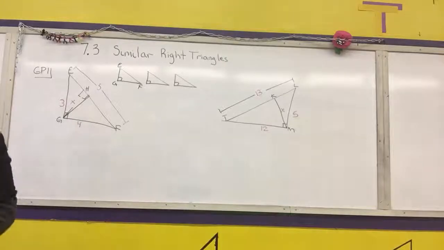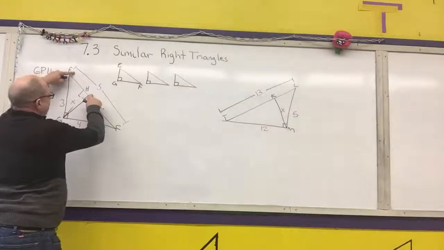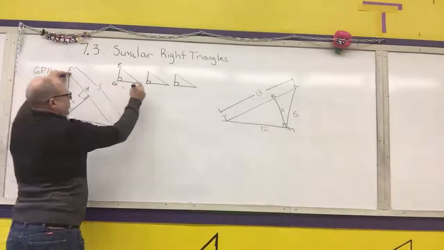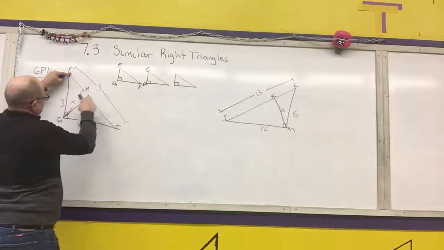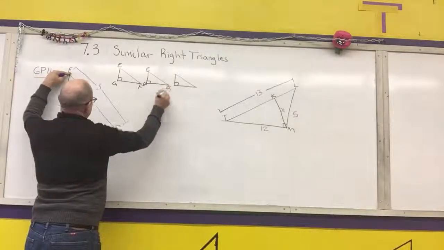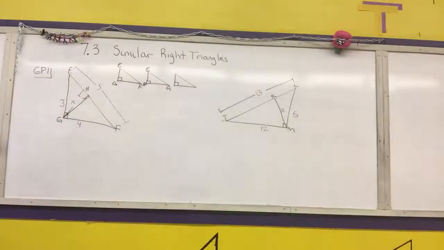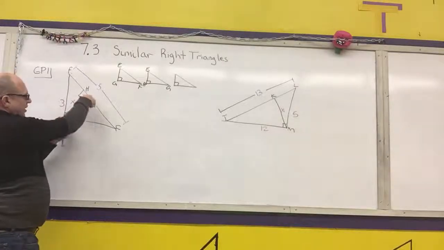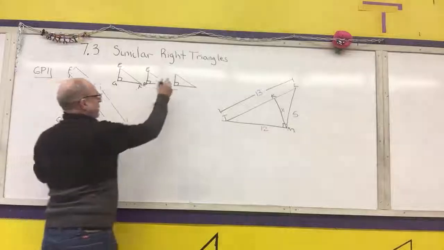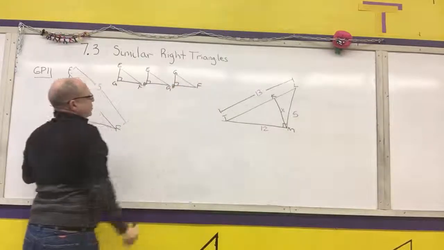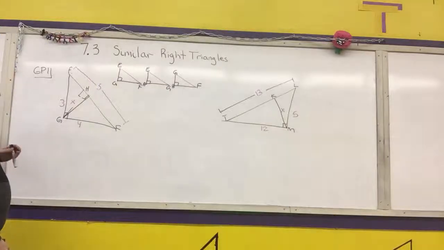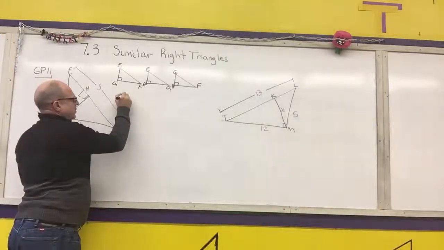If you look at the guided practice in your book, the short side is definitely EH, and the hypotenuse, so E, H, and then G. The short side of the lower right-hand triangle is definitely GH with the hypotenuse GF. So G, F, H.